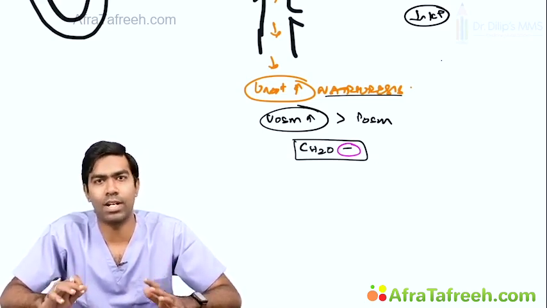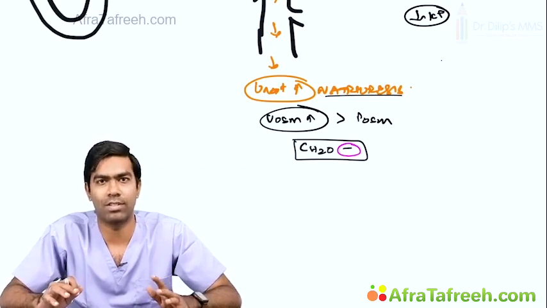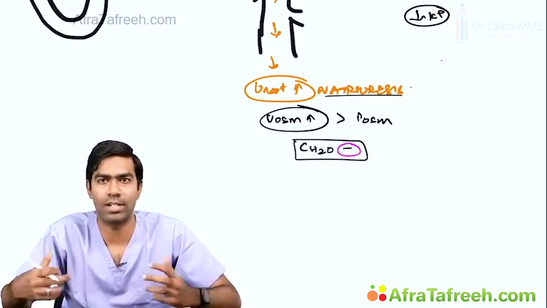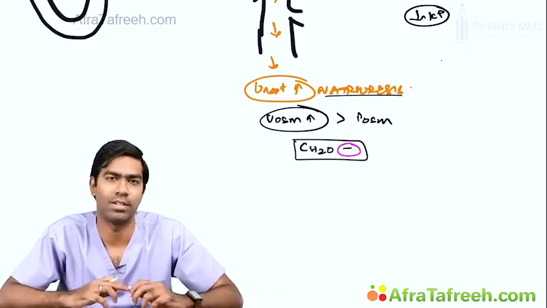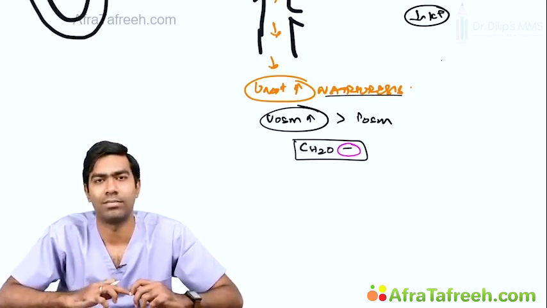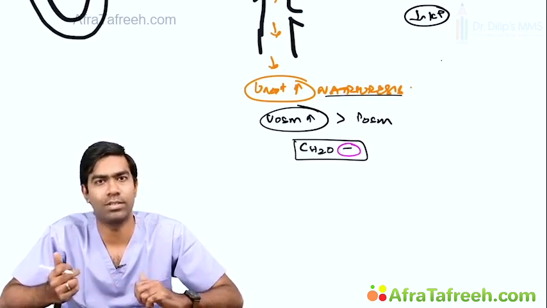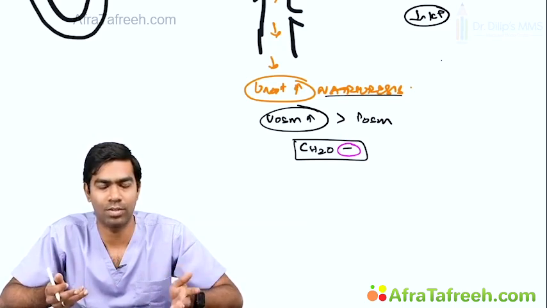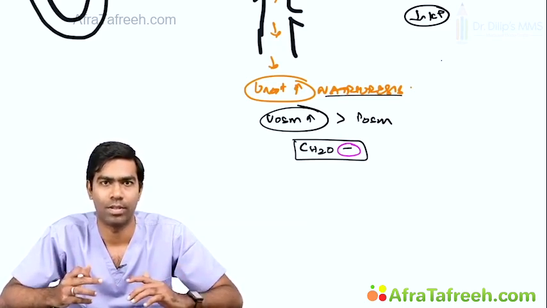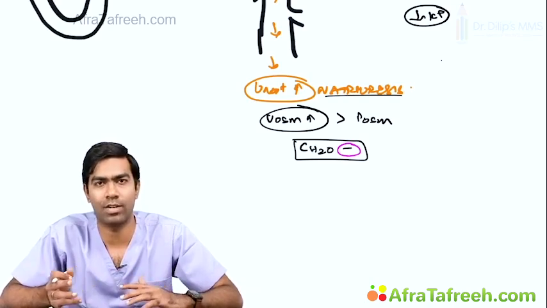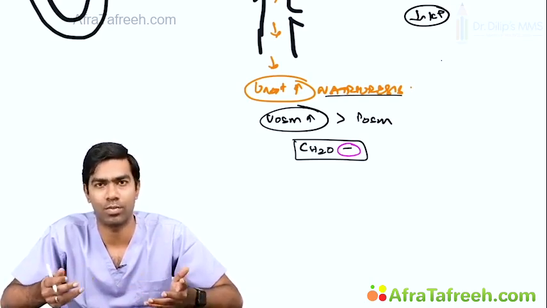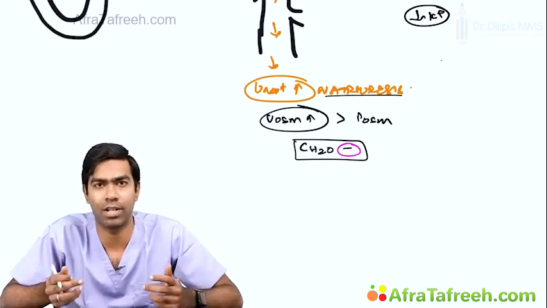And because the free water clearance is negative with thiazide diuretics, relatively losing more sodium and conserving more water, you result in hyponatremia. So you have to understand, loop diuretics: zero free water clearance, isotonic or isoosmolar urine, whereas thiazide diuretics: hyperosmolar urine, high urine osmolality and a negative free water clearance.